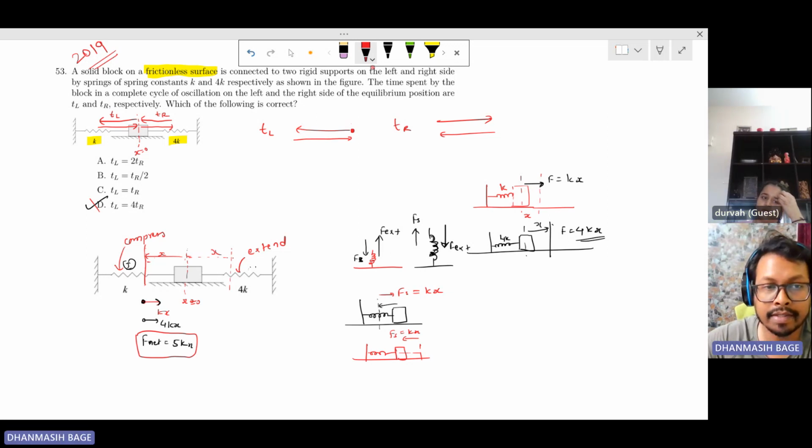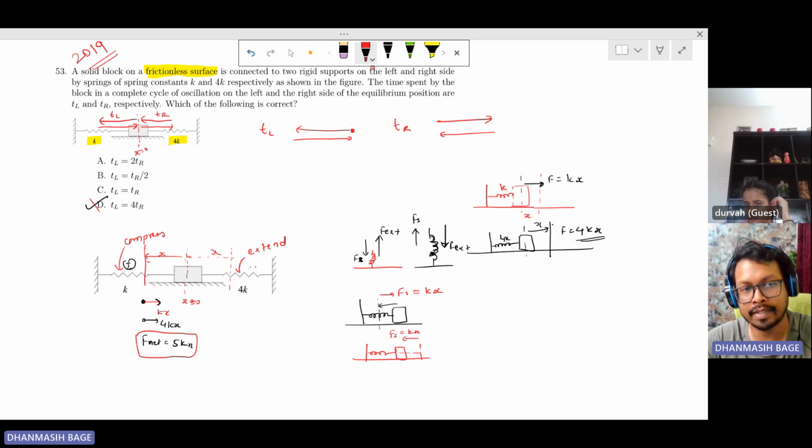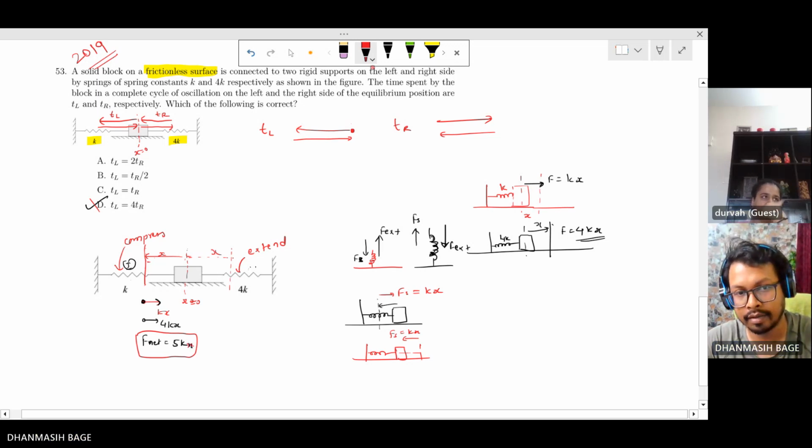So this is the stationary equilibrium position. The moment you disturb this state, you shift it to this direction and just leave it, by extending one spring and compressing the other, then you need to apply 5kx amount of force in the left direction, right?